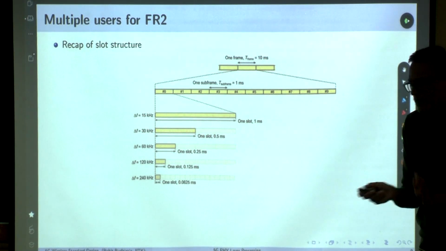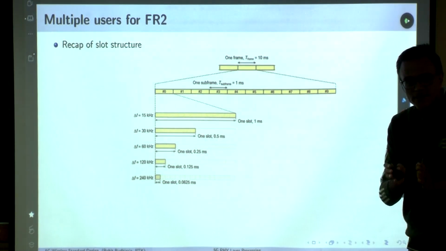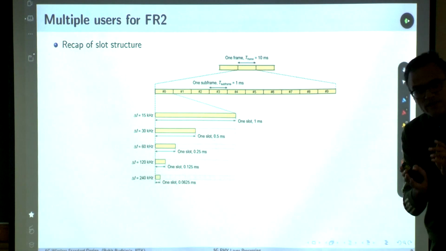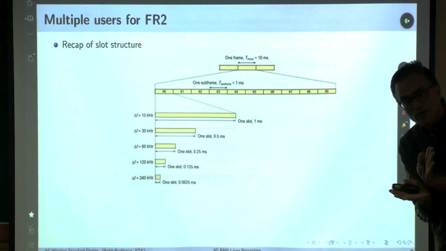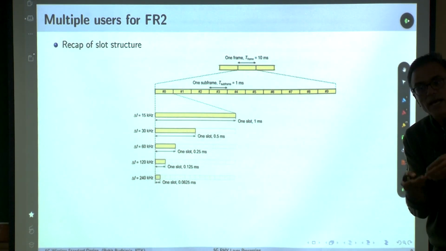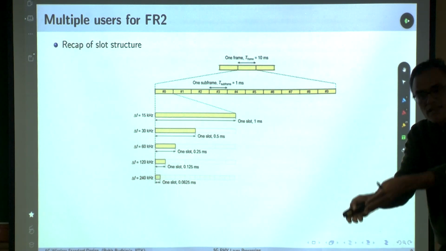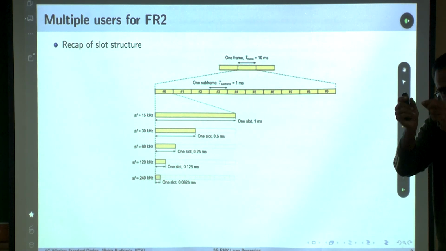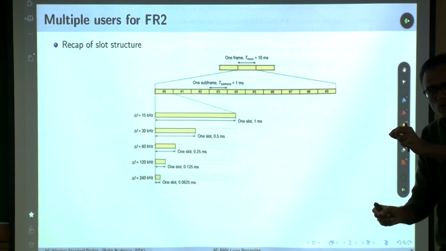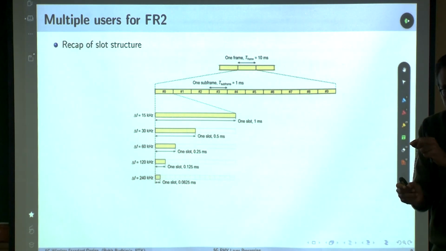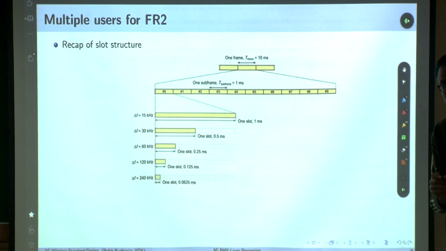What is the constraint in this FR2 architecture we are considering? You have to give the entire 400 megahertz band to each user in each symbol. In the next symbol, I can serve another user, because the next symbol is another resource in a slot. So the first symbol is allocated to the first user, because then the precoder will remain constant across all the subcarriers.